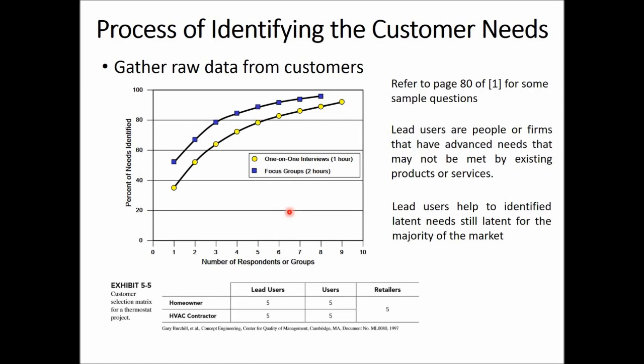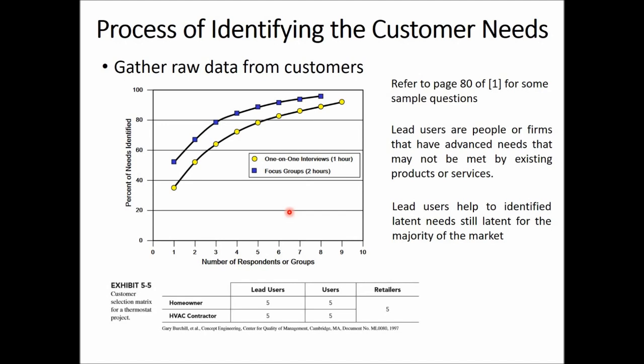And selecting customers for this exercise is very important. So you'll have to find people covering all spectrum of possible customers, lead users, general users, and retailers who sell this product to customers. The lead users are special type of users who do not get satisfied with a particular product easily. So they look for many features, many improvements.